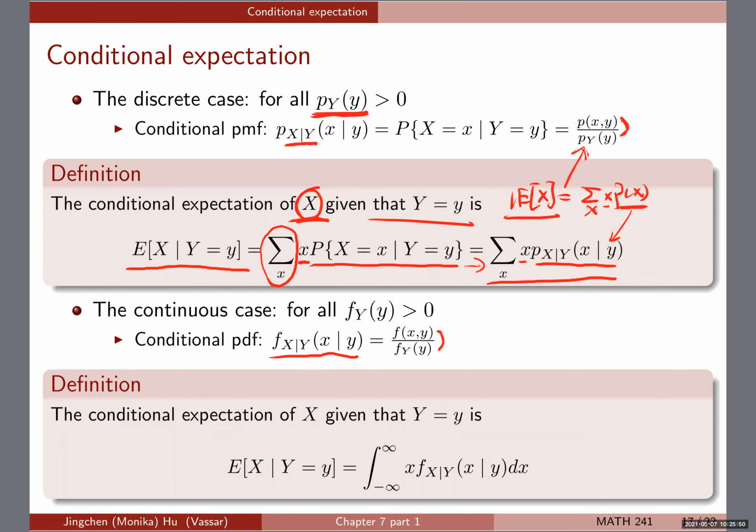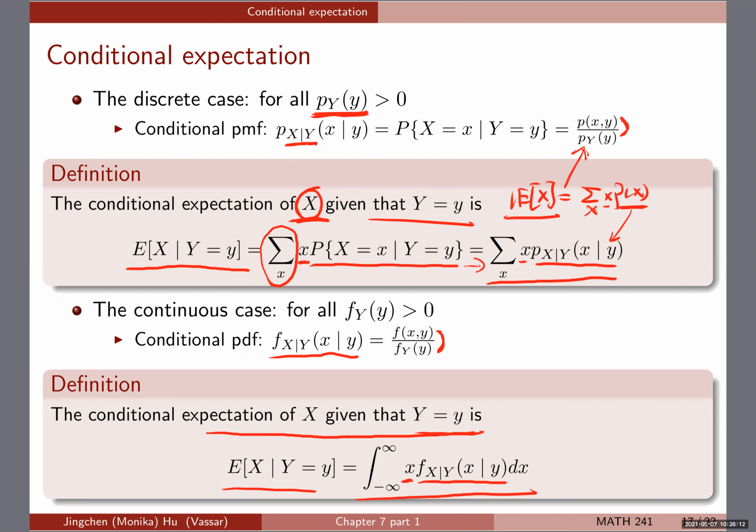Similarly, for the continuous case, not much more complicated, we have the conditional PDF defined as the ratio of the joint PDF over the marginal of y. If you're working with the conditional expectation of X given Y equals y, then, as earlier, you have the integral of x times the conditional PDF, integrated with respect to x.